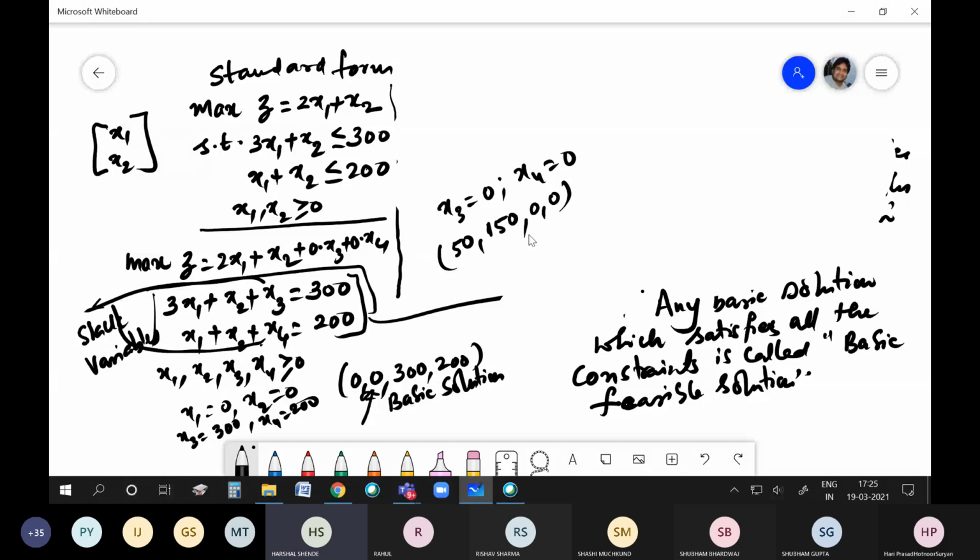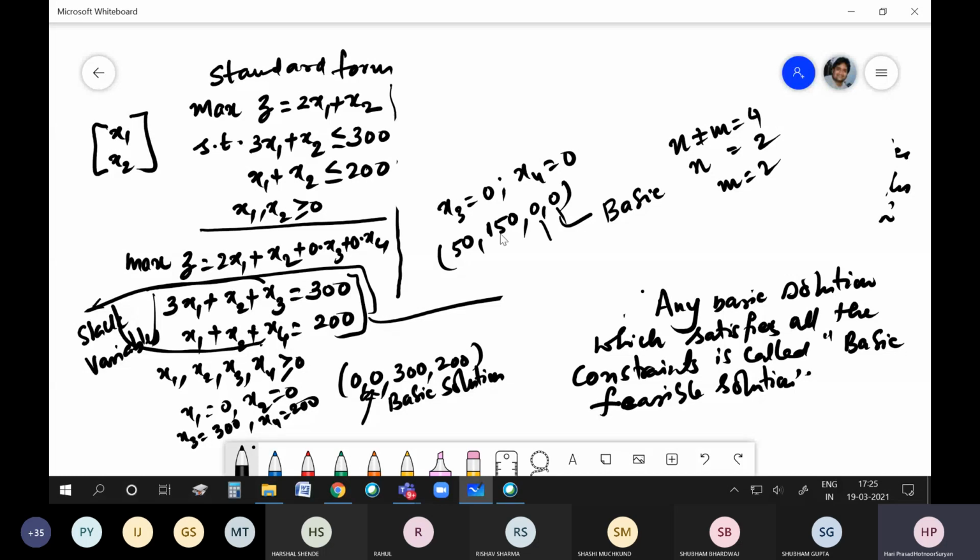Yes, because this is a basic solution. See here how many variables there are: n plus m is equal to 4. There are 2 decision variables and 2 slack variables, so n plus m is 4 and n is 2, so m becomes 2. A basic solution is one in which n variables should be 0, so these two are 0.